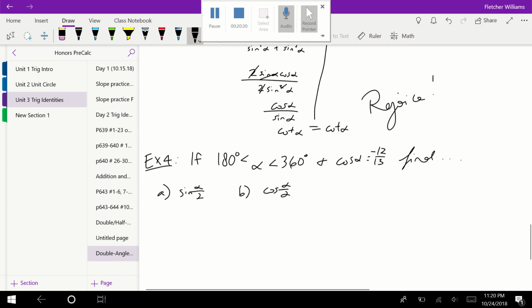Well, since alpha is between 180 and 360, then if you divide all those things by 2, you get that 90 is less than alpha over 2, less than 180. So that means alpha over 2 is somewhere here in the second quadrant. Does that make sense why cosine is this negative number, negative 12/13?